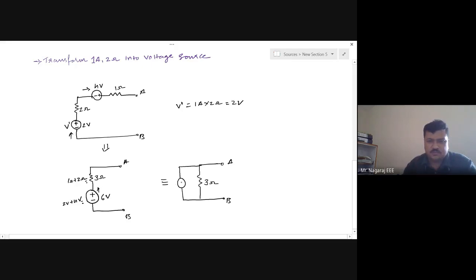Therefore, the direction of current is upward. So the final current I, or I total, whatever you can call, is given by source voltage divided by series resistance. That is 6 volt by 3 ohm, which is 2 amperes. So this is the solution for the circuit shown.